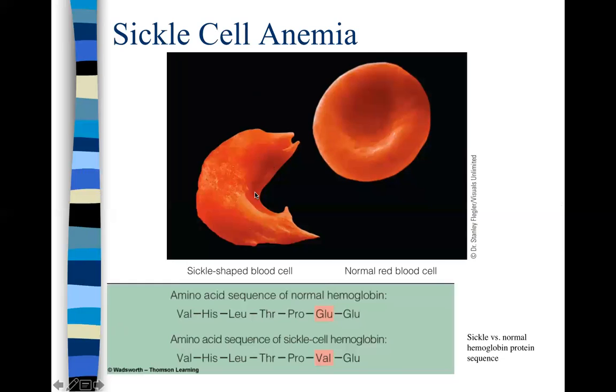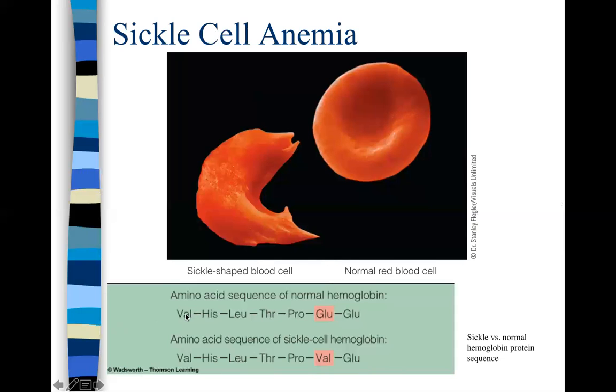An example here is sickle cell anemia. So remember that hemoglobin is a protein, and hemoglobin is a component of our red blood cells, which are shown in this diagram. This circular red object is a red blood cell, and normally it's kind of concave, doesn't have a nucleus, it's disc-shaped, and this allows it to move very easily through the bloodstream as well as carry oxygen.